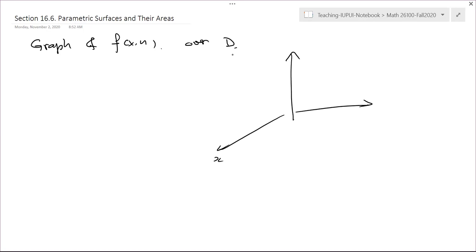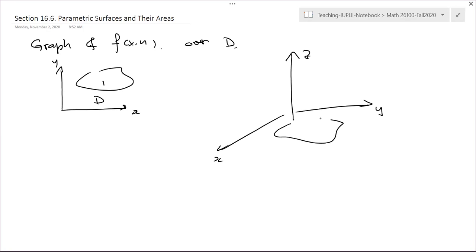First of all, the function is defined on the xy plane, right? The function is defined on the xy plane. That's D. Then this function gives you the graph. And this is also a domain D, okay? I copied it here.